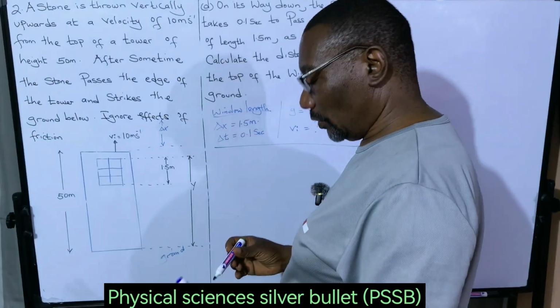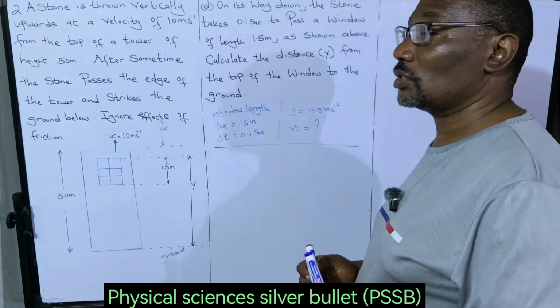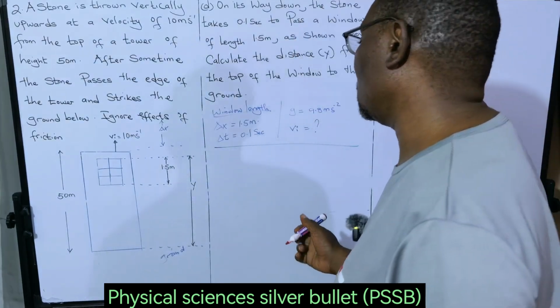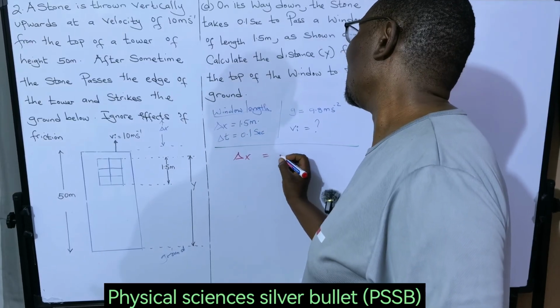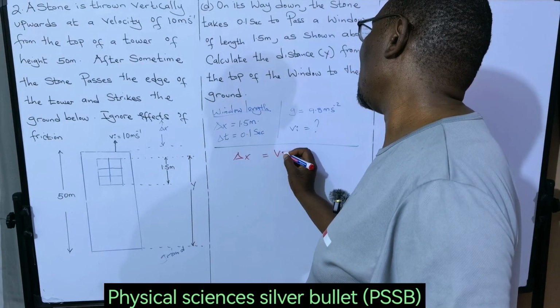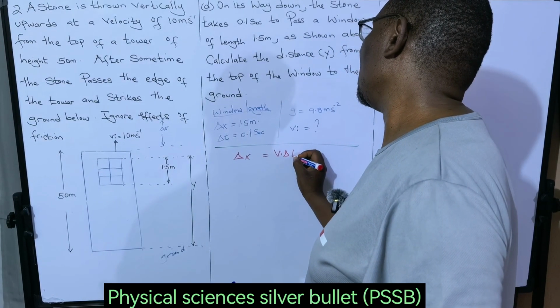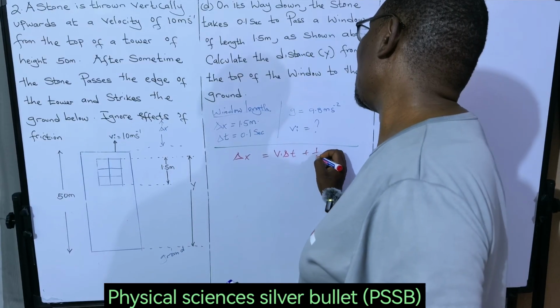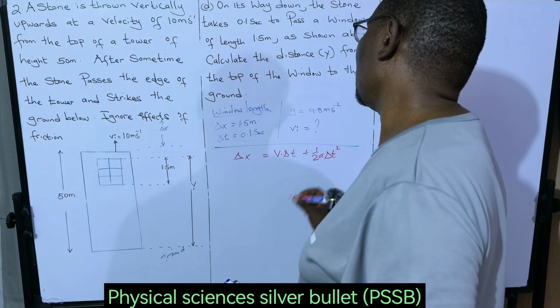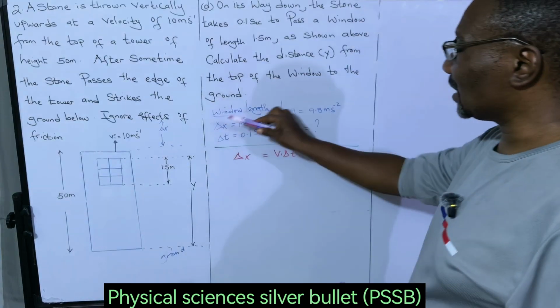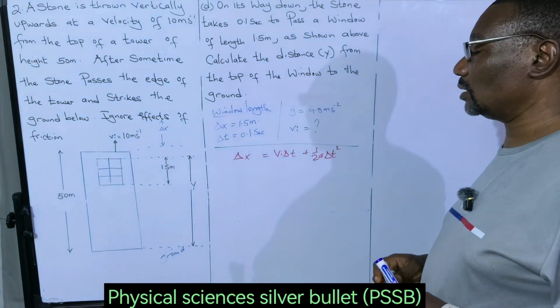The right equation here is going to be the third equation of motion, which is delta x equals Vi delta t plus a half a delta t squared, because it's the one which satisfies this information.